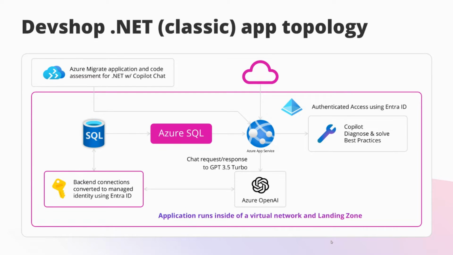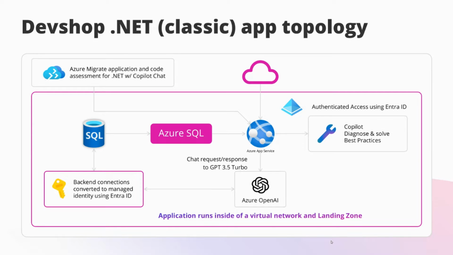Now, for my demo, I am going to use Azure OpenAI Client SDK for .NET, and this would be using GPT 3.5 Turbo as the model behind the scene. Now, the other important point I want to highlight is that for the deployment in Azure, we have all required resources which are there in a landing zone, which follows best practices for app and related services deployment, especially around scaling, isolation, security.